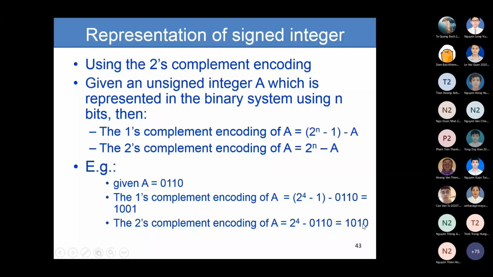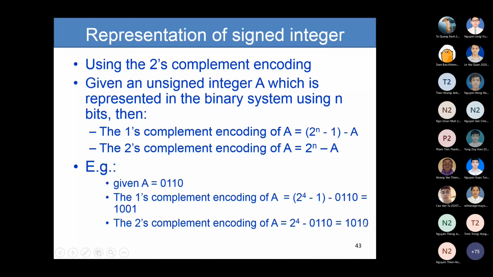This is the two's complement encoding of A. And this two's complement encoding is the representation of the number minus A. It means 1, 0, 1, 0 is the representation of the number minus 6.